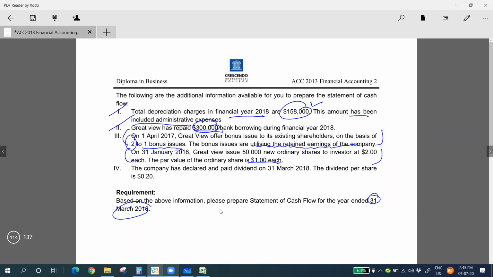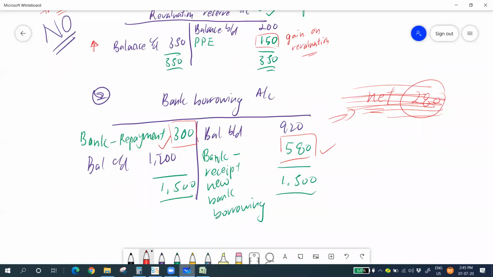So to handle this number 3 adjustment, we have to prepare a few accounts.